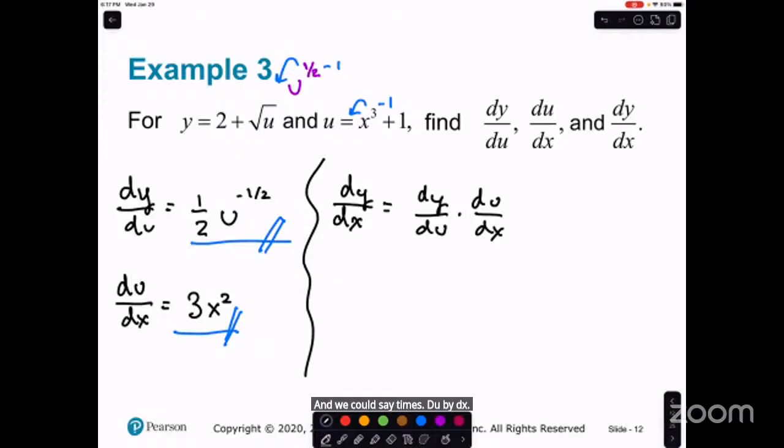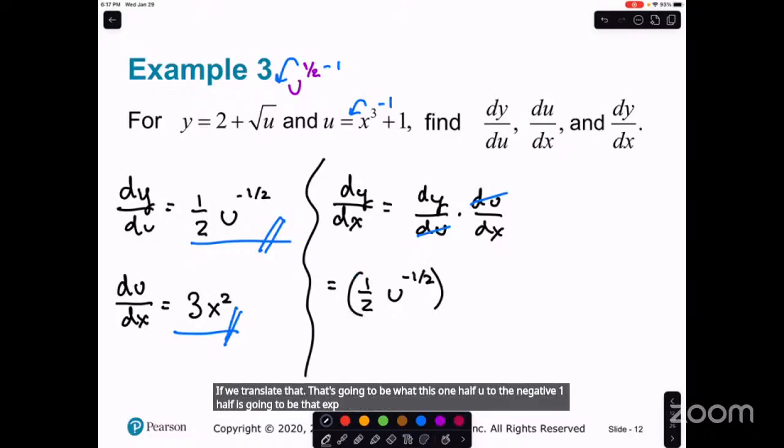Essentially these expressions are going to cancel. If we translate that, that's going to be 1/2 u to the negative 1/2 times 3x squared, right?